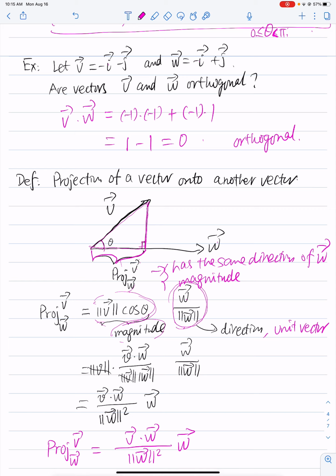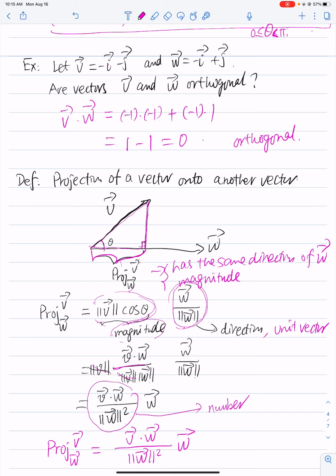What is cosine theta again? It's v dot w over the magnitude of v times the magnitude of w, yeah? So the magnitude of v can cancel. What do you have on the bottom? The magnitude of w squared, and then you have v dot w. And this is a number, because v dot w is a number and the magnitude squared is also a number.